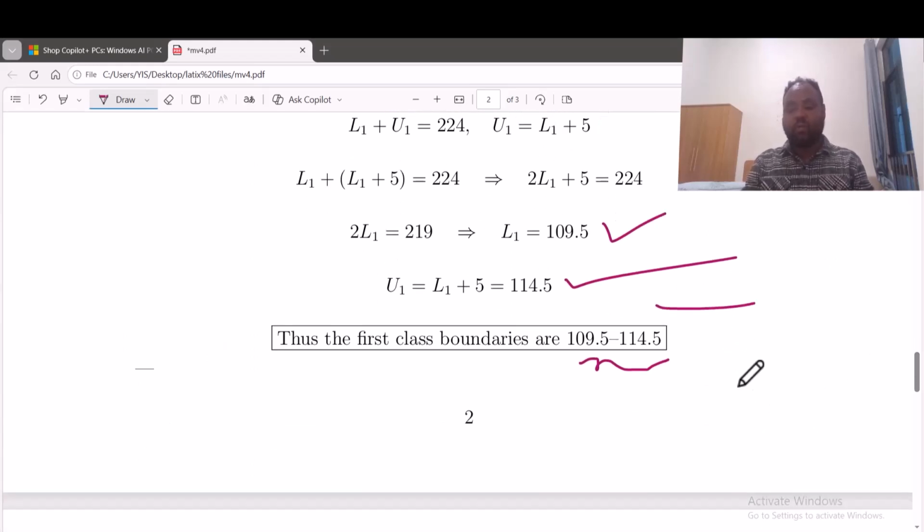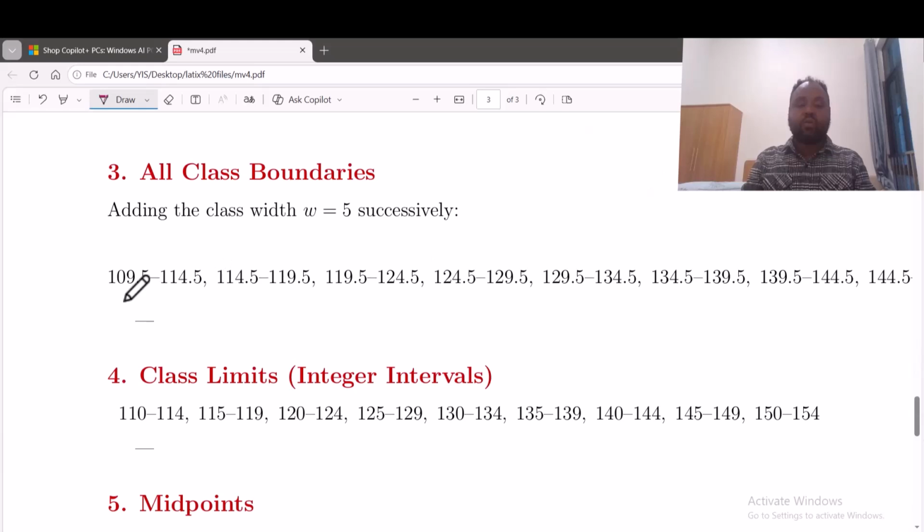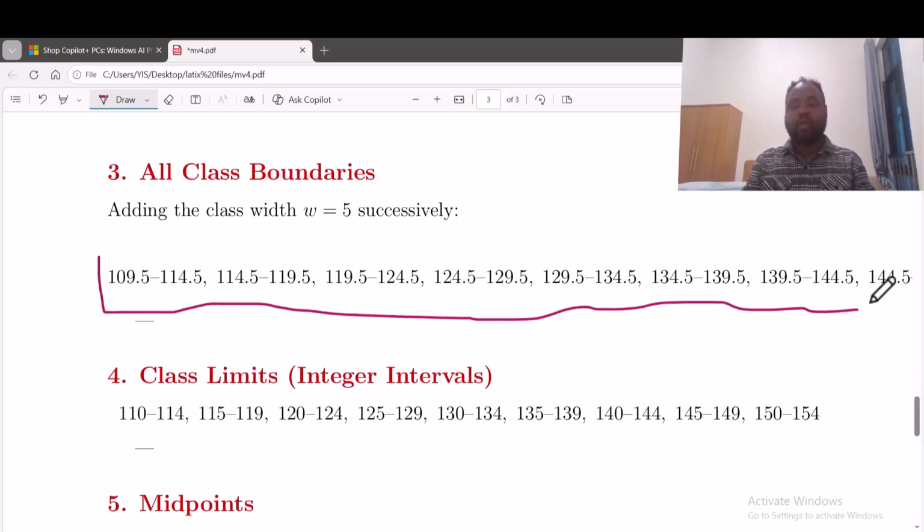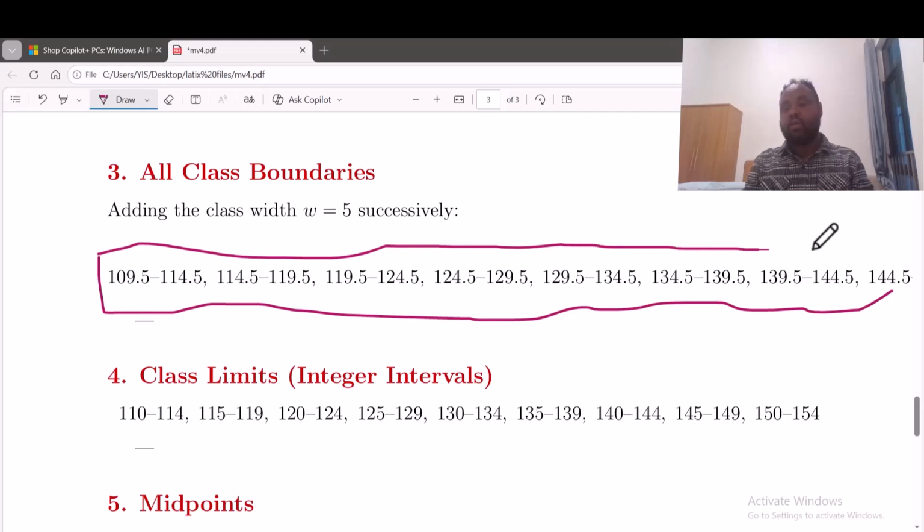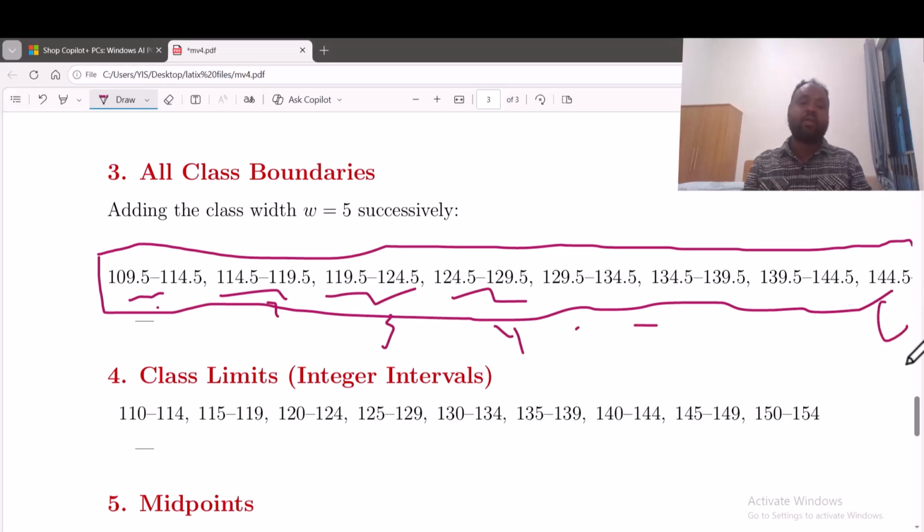We add 5 to the upper class boundary of that class to obtain the next lower class boundary, and the next upper class boundary of the second class. The class boundaries are obtained in this form: class 1, second class, third class, fourth, up to the ninth.